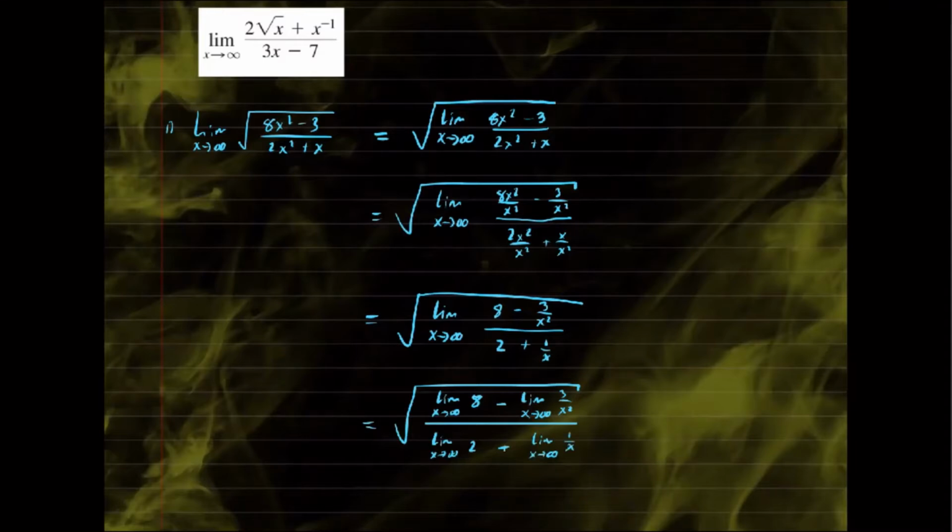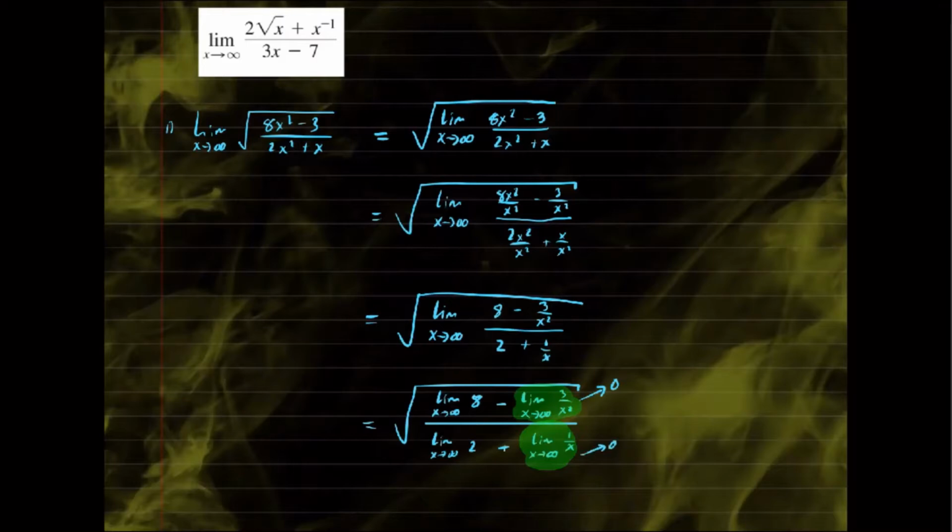Well, we know the limit of a constant is just that constant. Then for this limit, as you put large values for x, 3 over x squared will go to 0. So we can say that this limit is 0. Similarly, this limit right here will also go to 0 as you plug in large values for x, because 1 over x will be very small.